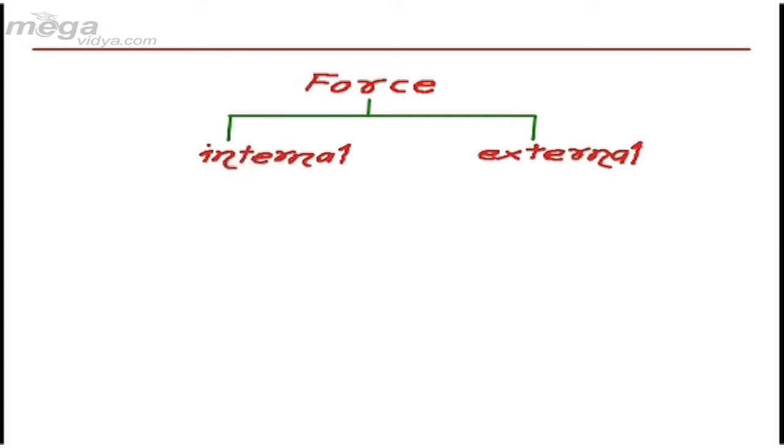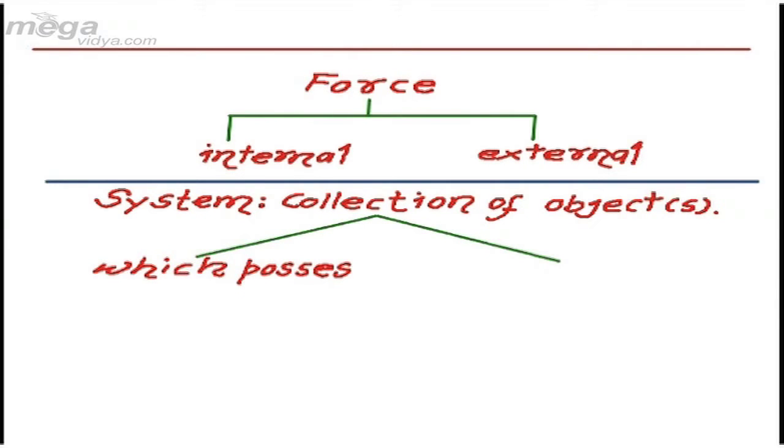Then, to clarify it, we must know a term called system. Which system? Here, system is basically collection of objects. Which type of objects? We have to talk about the objects which possess some physical properties. What is the meaning of physical properties here?